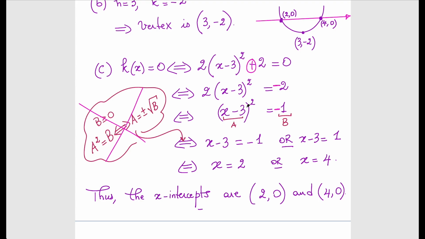The good thing is, squaring x minus 3 certainly yields a non-negative entity, so this guy is greater than or equal to 0. If you square a real number, the least you get is 0. So there's no way it's going to reach negative 1, and there is no x that will do this.